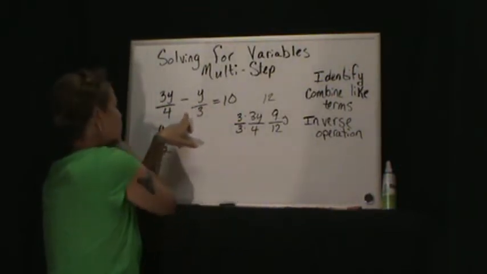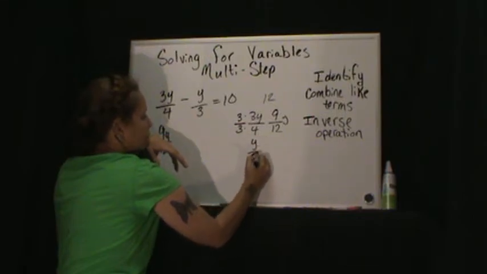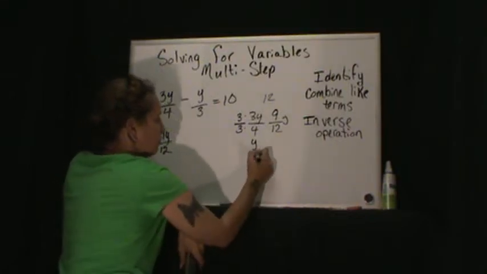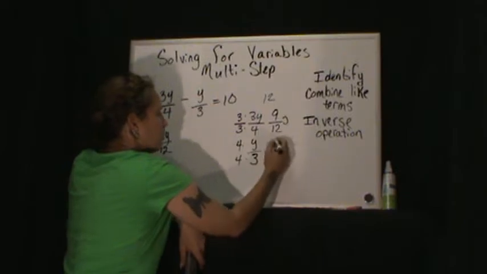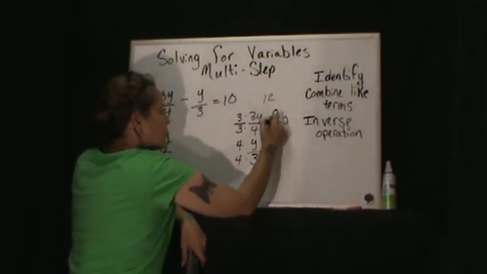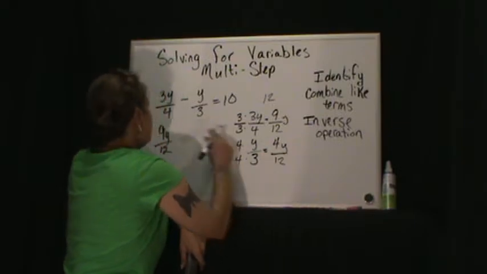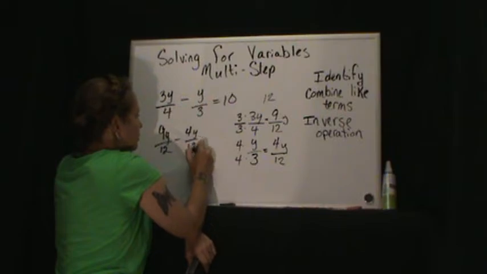This one, we're going to multiply by 4. So 4y over 12.